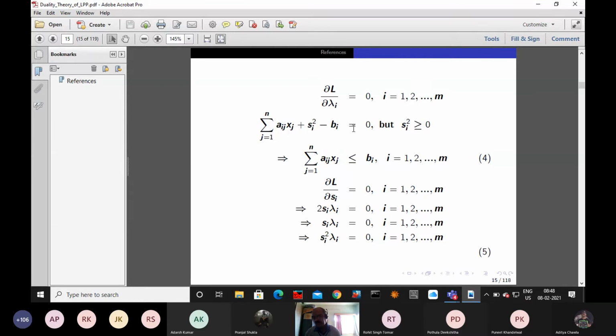You see, we are multiplying by the multiplier lambda i and it is becoming 0. But as you know, si square is always greater than or equal to 0. So if you leave that si square, this becomes summation over j varies from 1 to n, aij xj less than or equal to bi, i varies from 1 to m. Equation number 4 is clear?